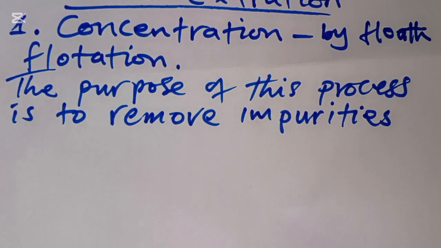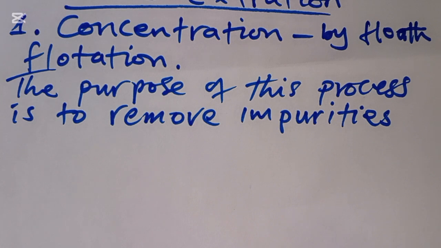Second process is roasting. In this process, the concentrated ore is first roasted in air to convert it to oxide, and sulfur is removed. So there are two things involved in roasting.